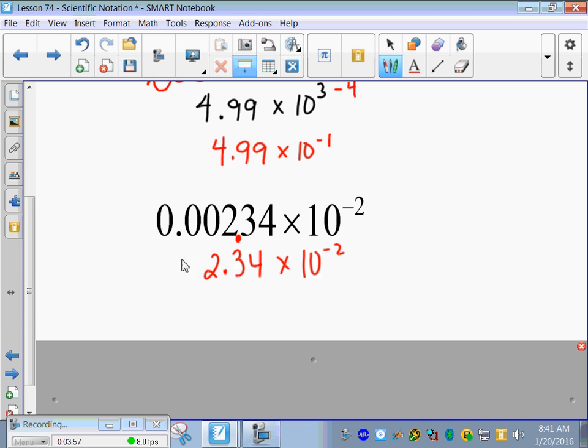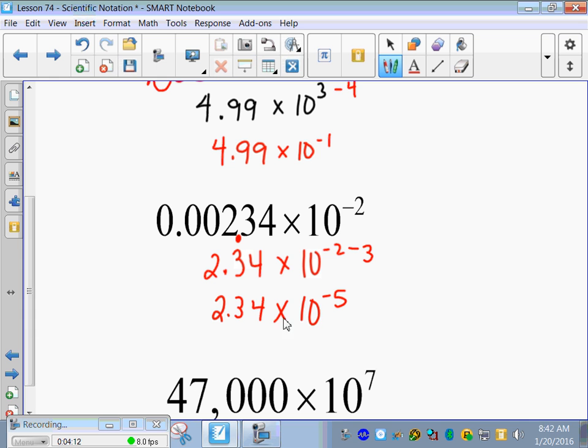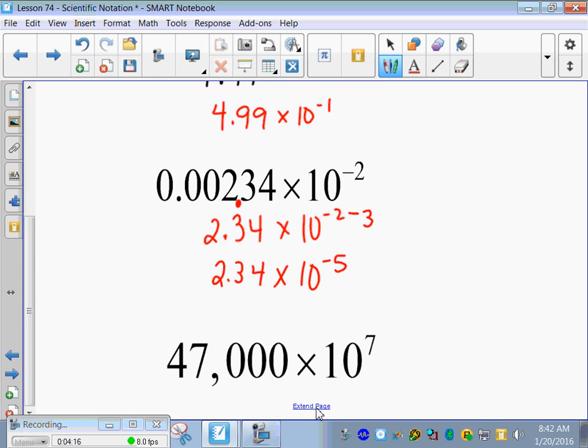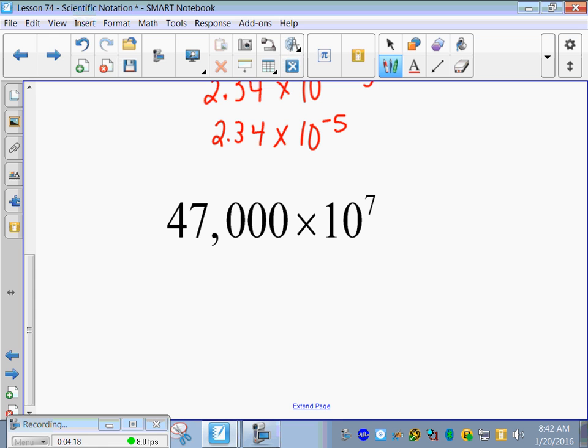Yep, if I want to get back to that, if I'm here, I'd have to go left 3. So 2.34. We add exponents here. That makes a bigger negative number, so negative 5. Do you have to show the process of adding the exponent? No. Not necessarily. Okay.